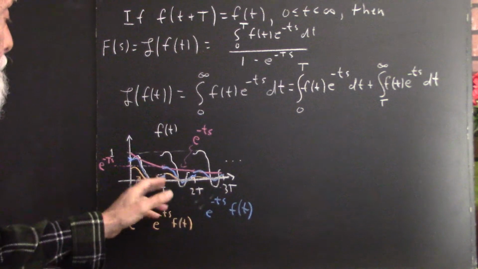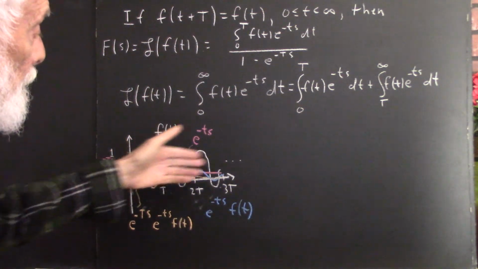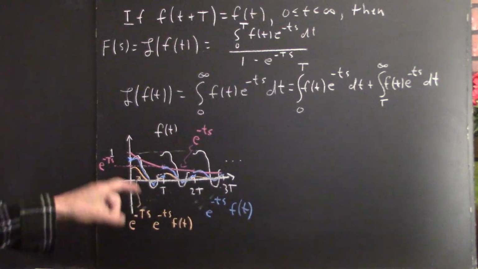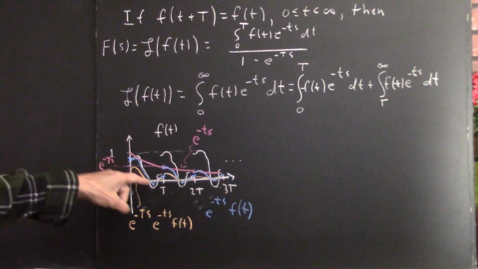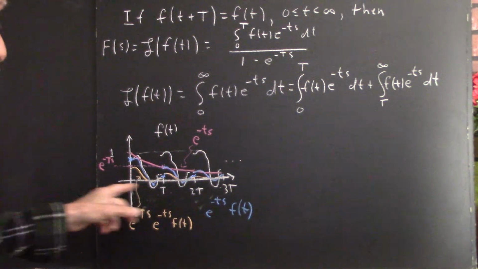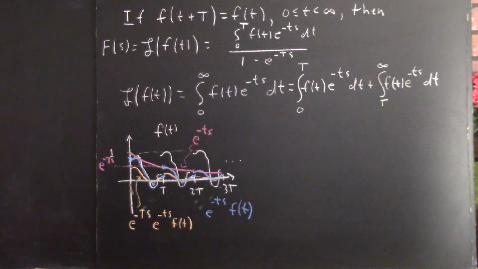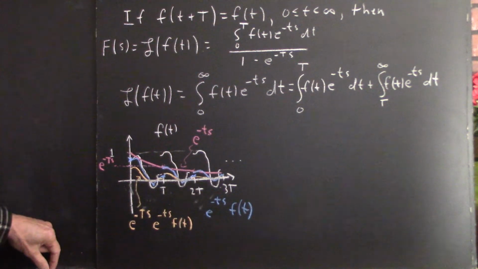Well, everything that happens to the blue function from here on to infinity is what happens to the orange function from 0 to infinity.